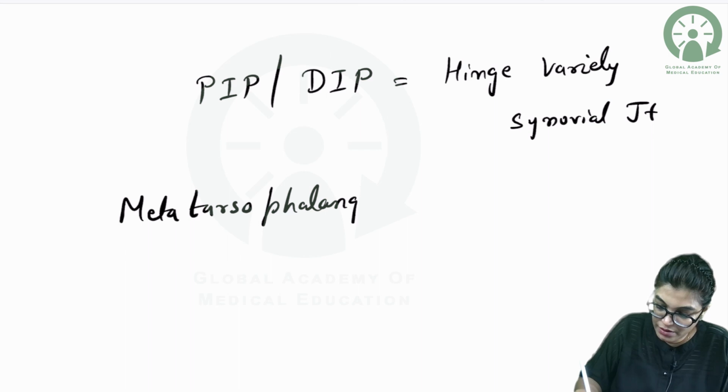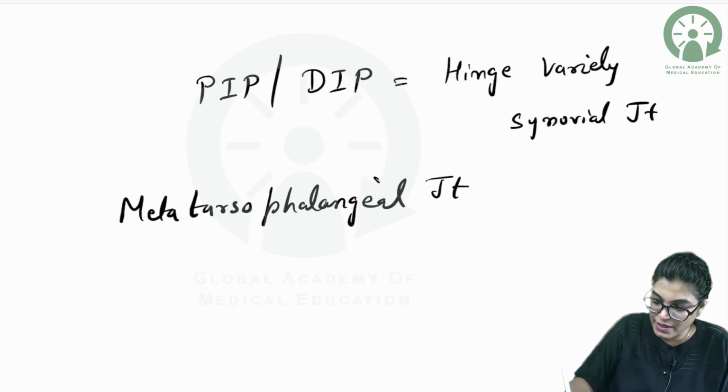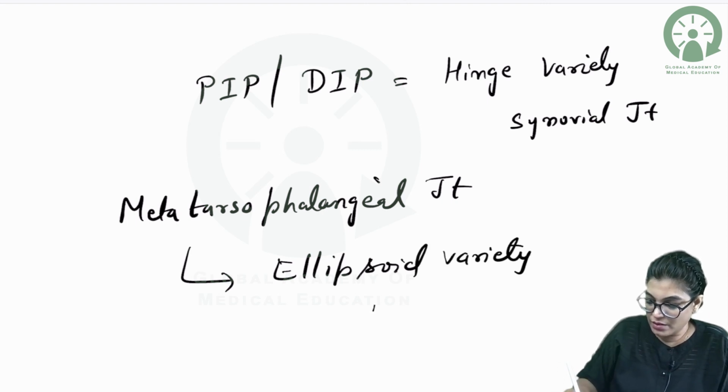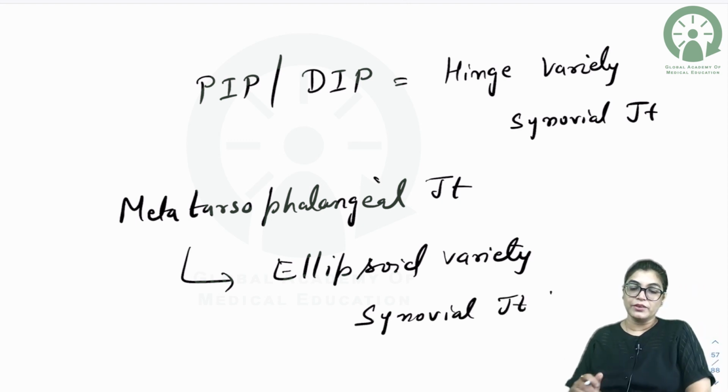Metatarsophalangeal joint is an example of the ellipsoid variety of synovial joint, functionally. And the joints between the tarsal bones are plain synovial joints.